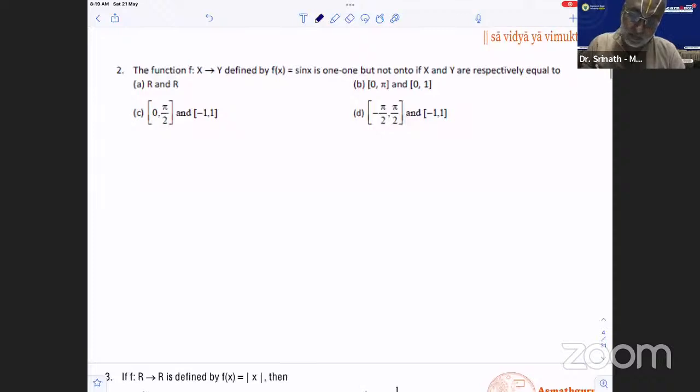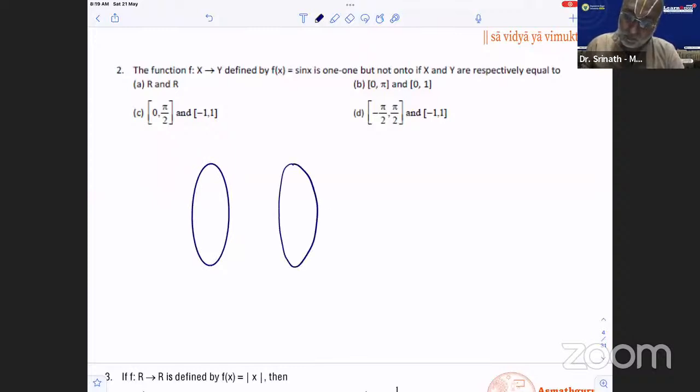See, you have been given something like this. Let me take, for example, sine x, say from minus pi by 2 to pi by 2, and here it is minus 1 up to 1.